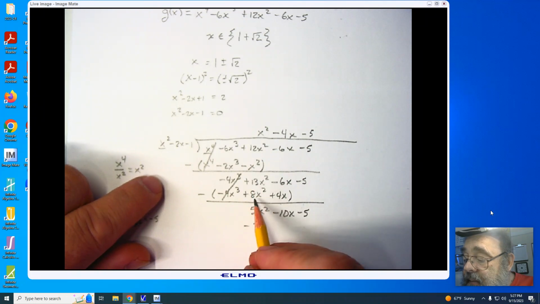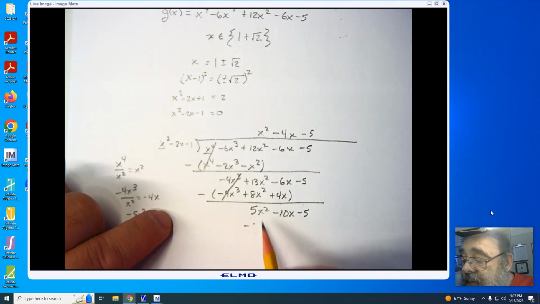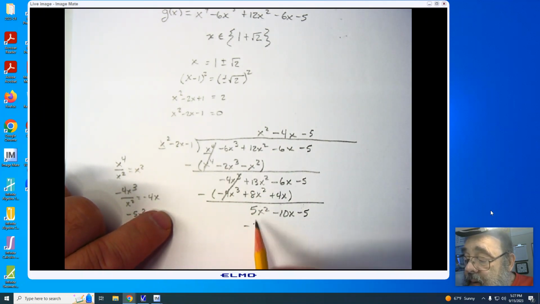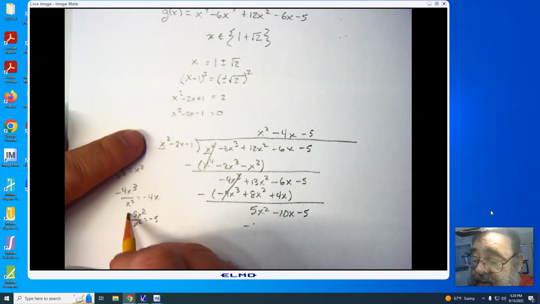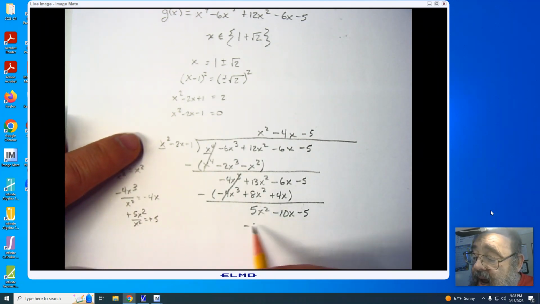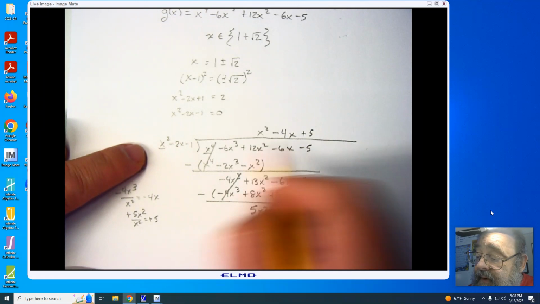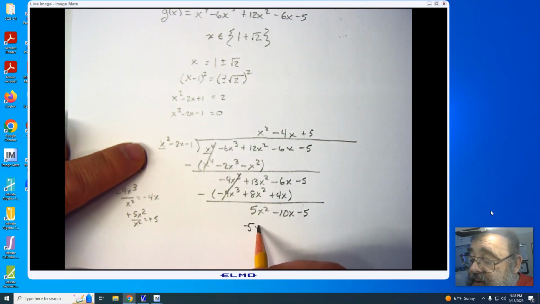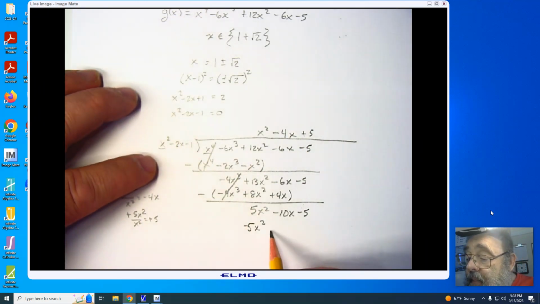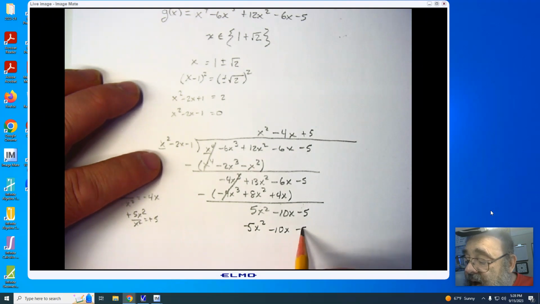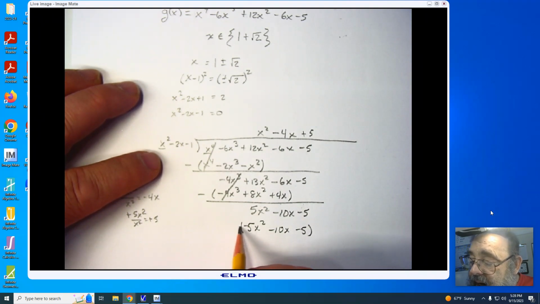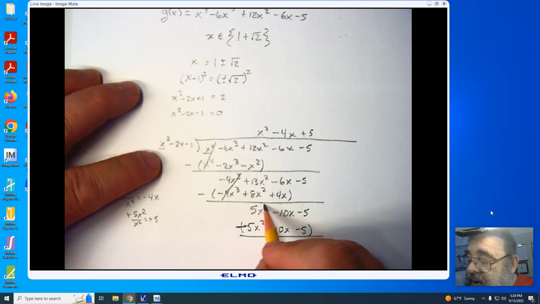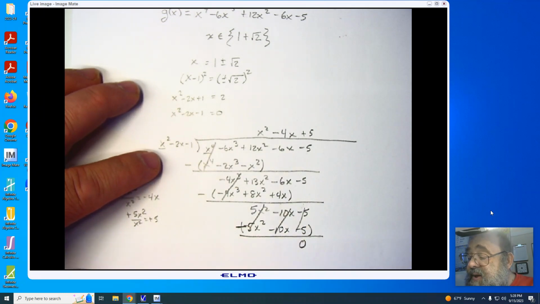Plus 13, positive 5 over positive x. There it is, positive 5. Now we're getting positive 5x squared minus 10x minus 5, distributing our negative. And you'll notice everything cancels, leaving us with 0.